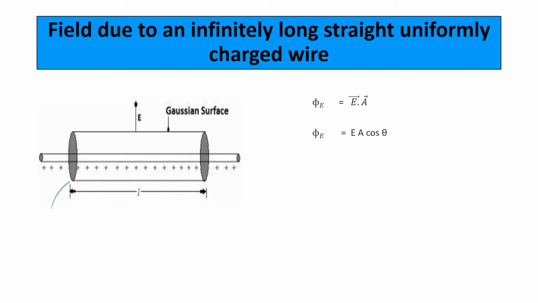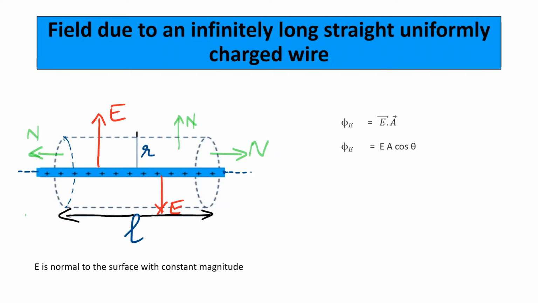This cylindrical surface has two end faces and this curved surface area. The electric field E will be normal to the surface. If you draw the electric field, this is the surface and it will be normal to that surface.